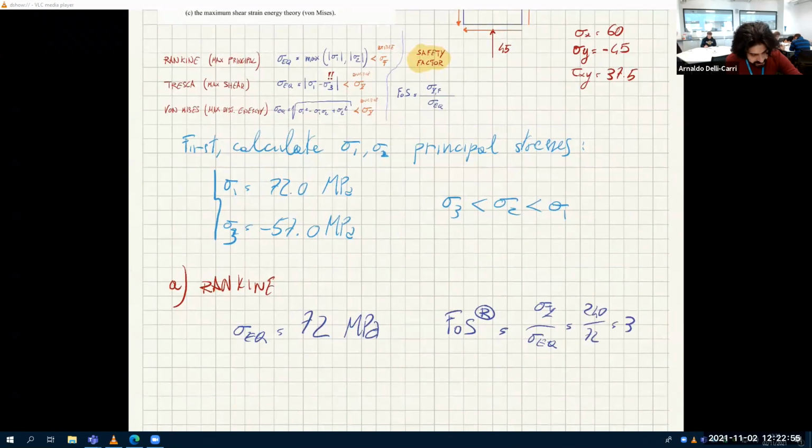What are the units of the safety factor? No units, because it's a stress over a stress. Yes, I see it's sigma 3 because you can rank them algebraically. So a negative number is always smaller than 0.